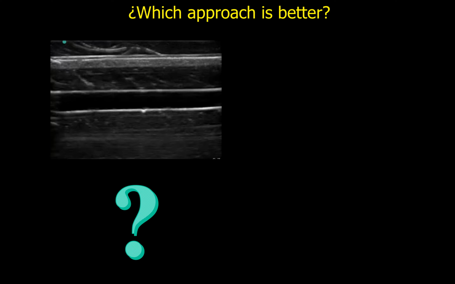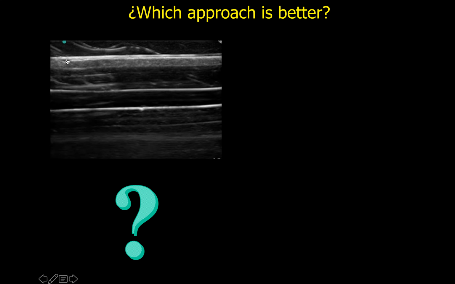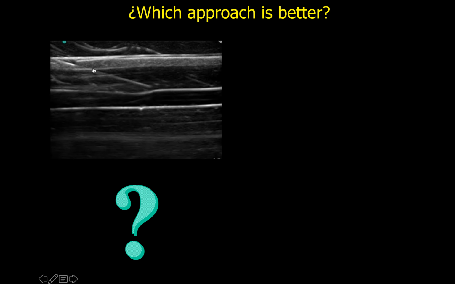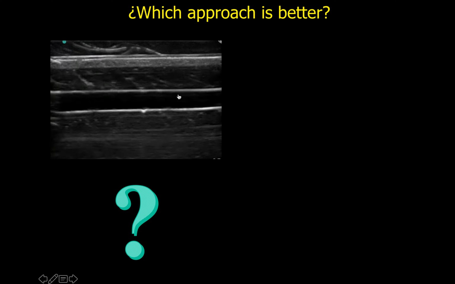Which approach is better? What would we consider? Most important is to see this image. If we see the needle in this preparation model, it is just going inside a vessel. We see that the needle has just passed the vessel, is inside the vessel.